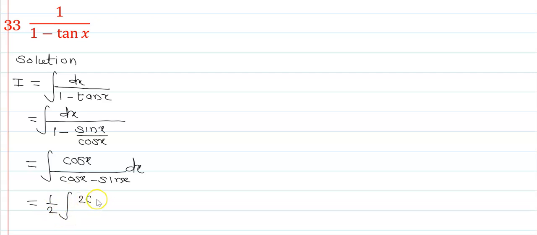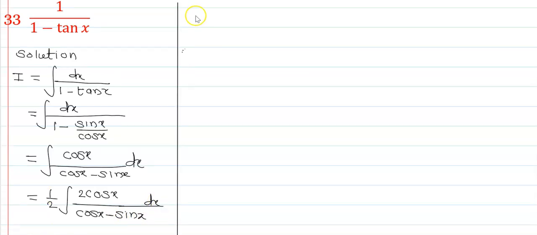Now adjust one more term, that is multiply numerator and denominator of this integral by 2, same as the previous problem. That is 2 times cos x upon cos x minus sin x into dx. Therefore, here I is equals to 1 upon 2 integral 2 times cos x means what?